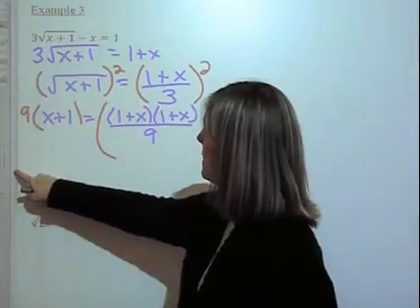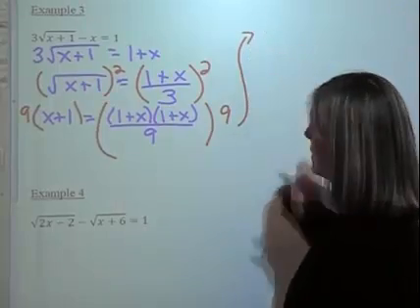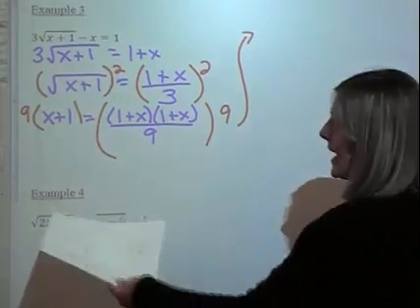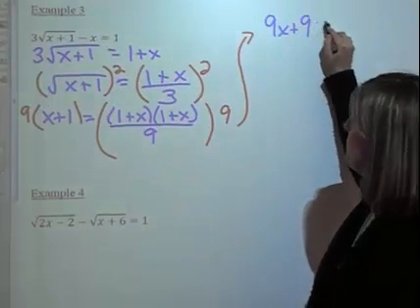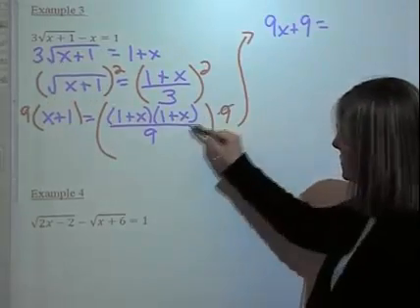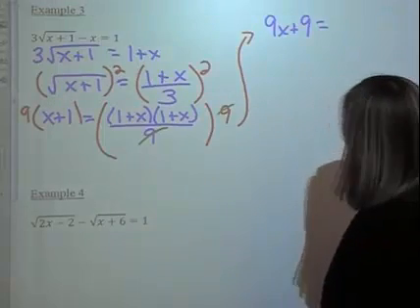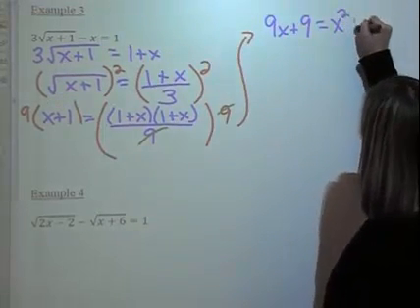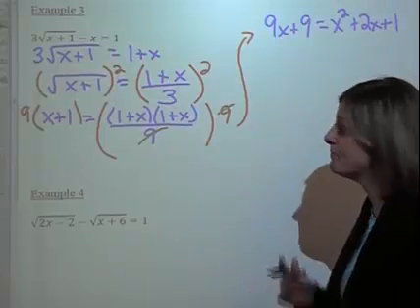Okay? And then that brings us here, where we have 9x plus 9, and then these 9s are going to cancel out, and then we can multiply this out, and we get x squared plus 2x plus 1, okay?